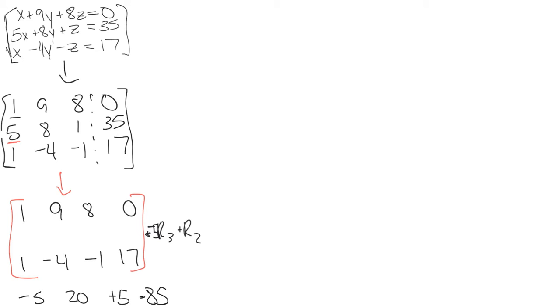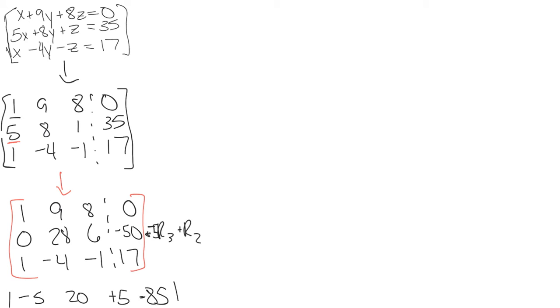So I need to take this new row 3 that I'm adding to row 2. That's going to give me a 0, a 28, a 6, and negative 50.